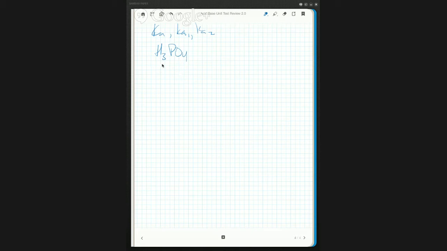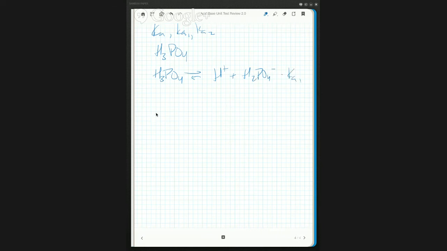It's kind of a weak acid. So when you have H3PO4 dissociating a little bit into H plus plus H2PO4 minus, right? This is Ka1.